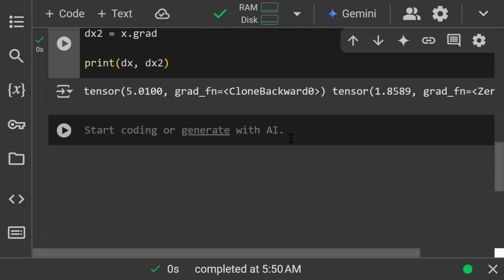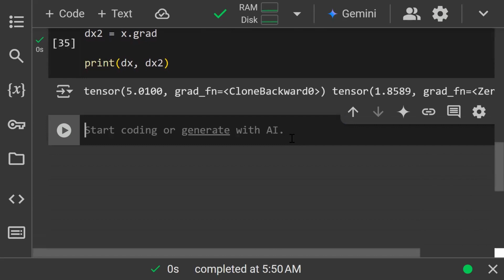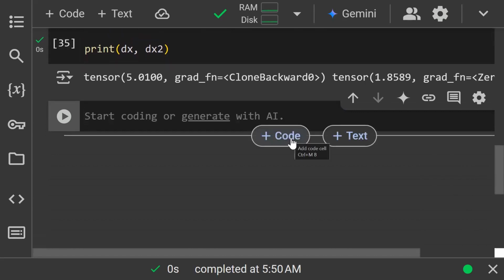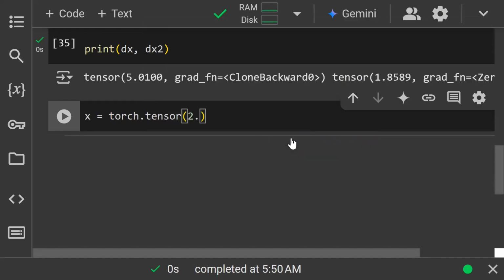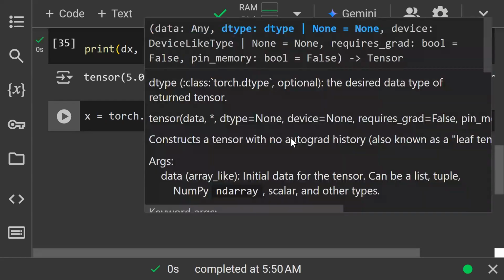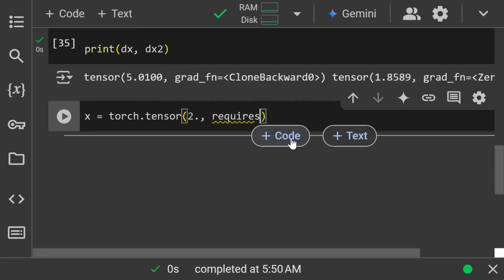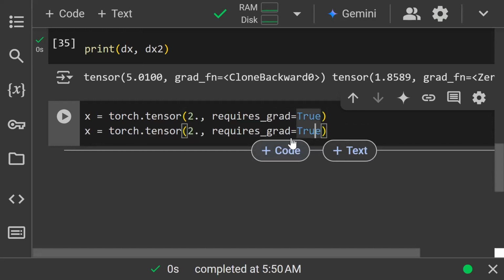But let's consider this particular case. Now you have x, which is 2, require grad true. And then y, let's say 3.